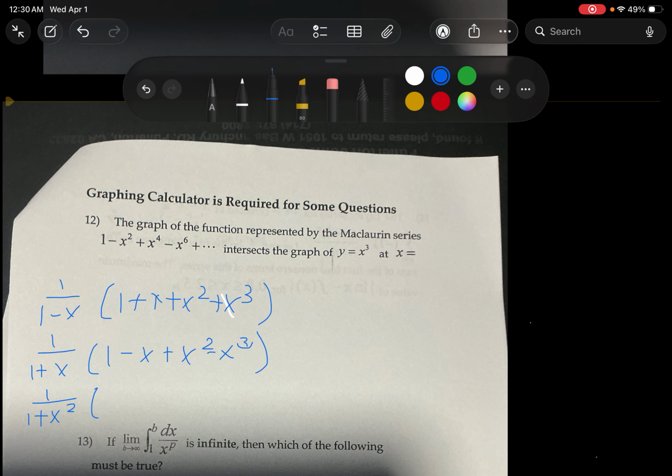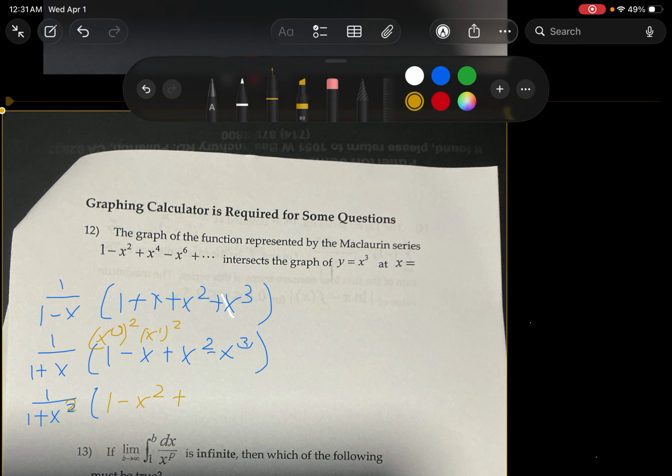Let me change the color. Squared. x to the 0 squared, when that multiplies, that's still x to the 0, which is 1. x to the 1 squared is just going to be negative x to the 2 plus x to the 4th, and then x to the 3 squared is going to be x to the 6th.